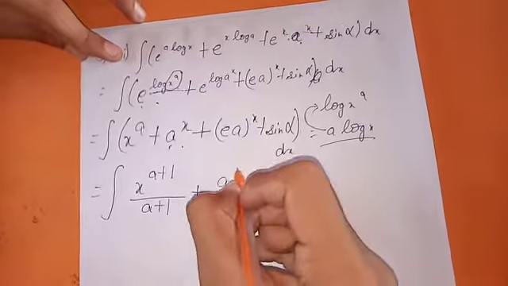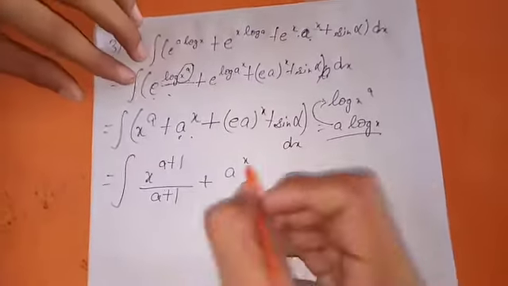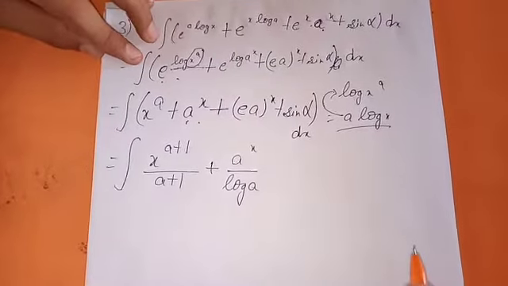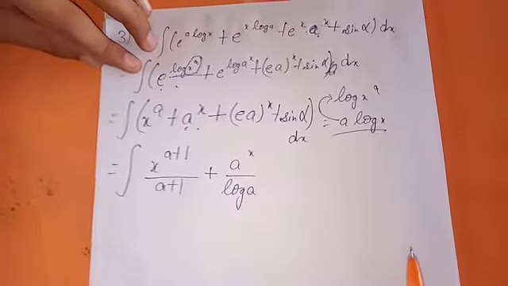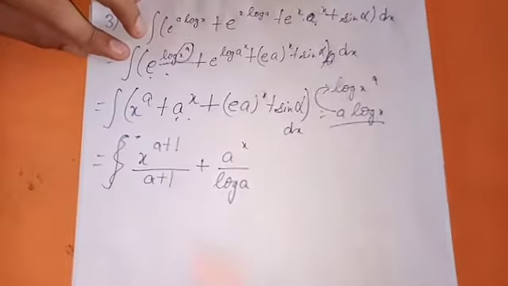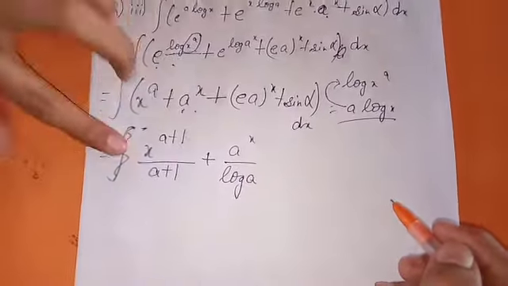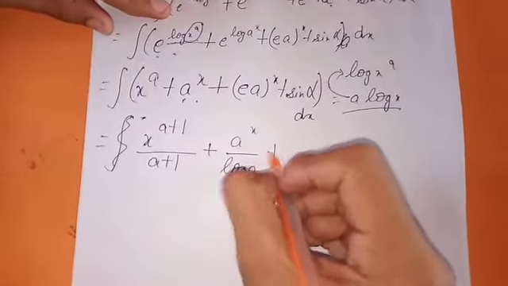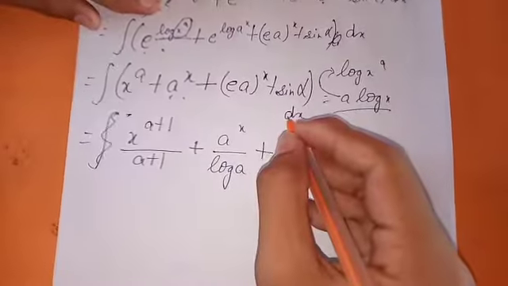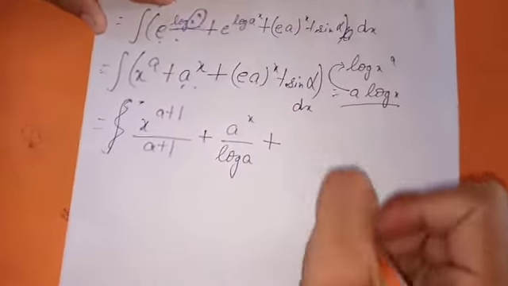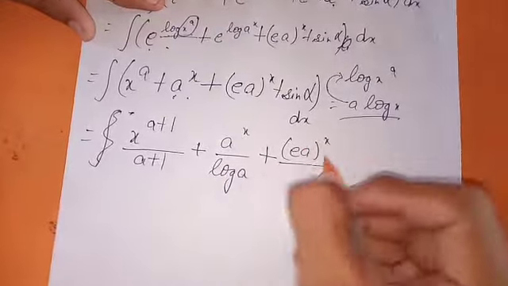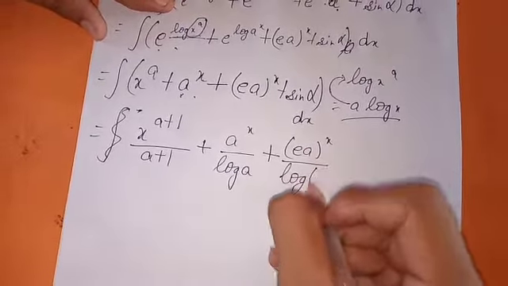It will be a raised to power x as it is, and then divided by log of constant. So similarly here e and a are constants, so it will be ea raised to power x divided by log of ea.